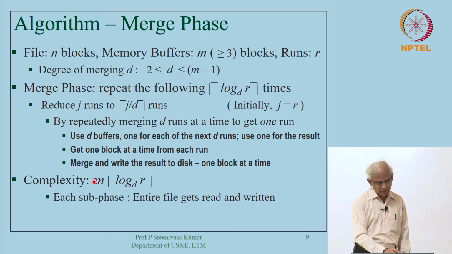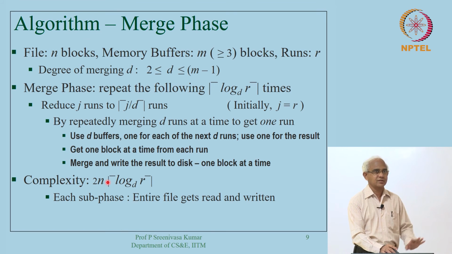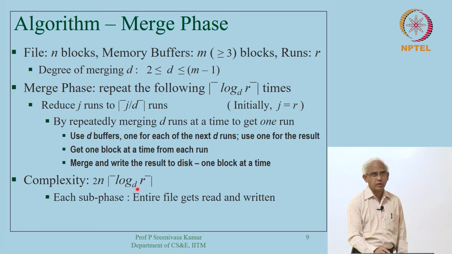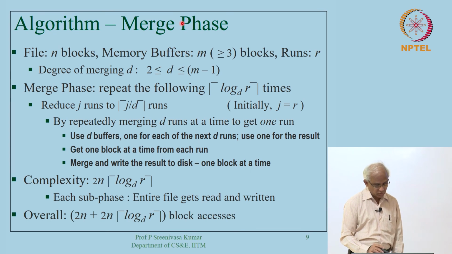So, the complexity in terms of block accesses, which is what we care about in this course, right, block accesses. This merging actually takes some memory time, but we do not care about it. So, 2n log r to the base d is the number of block accesses that we will require, and this is only the merge phase. What about the overall?